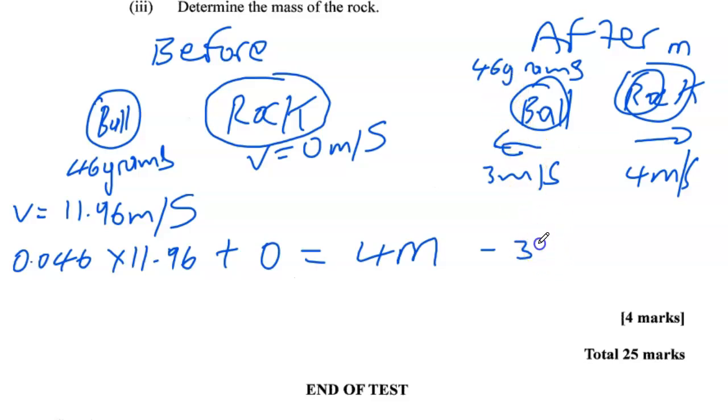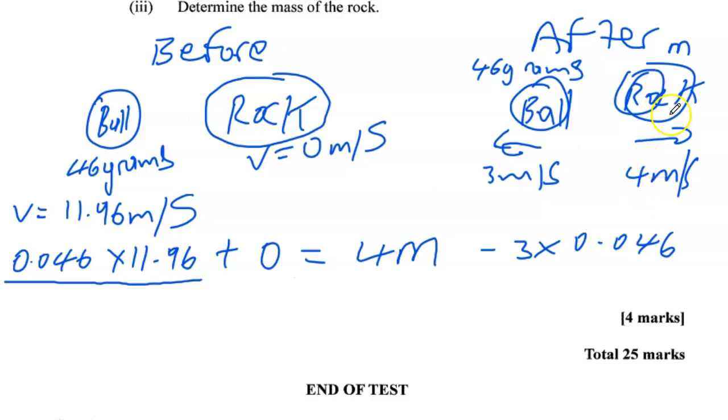And the mass is 0.046. Change the value to kilograms, so we divide by 1,000. Again, mv for the ball before the collision, m is 0.046, velocity 11.96. For the rock, v is 0. After the collision, the rock, m times 4, so 4m.